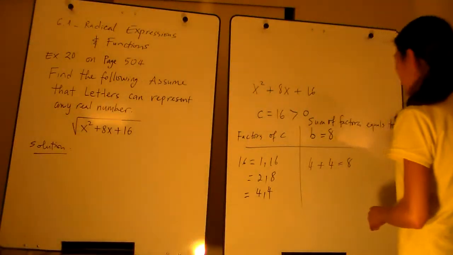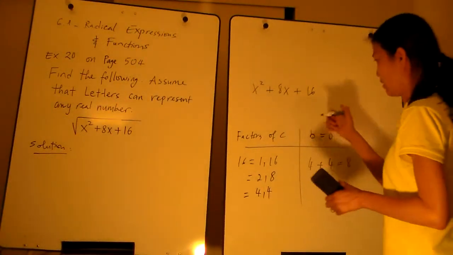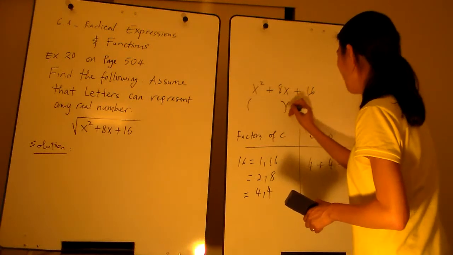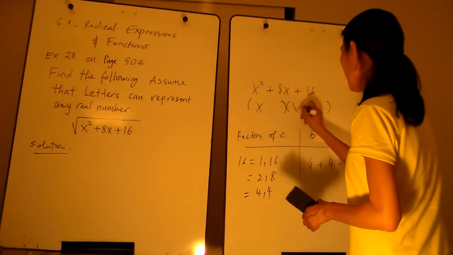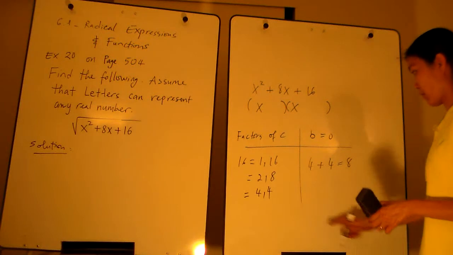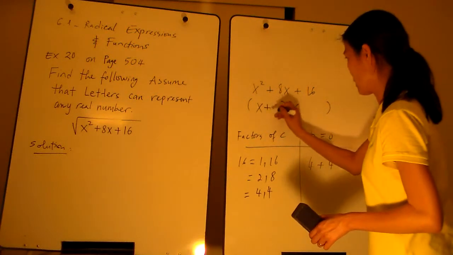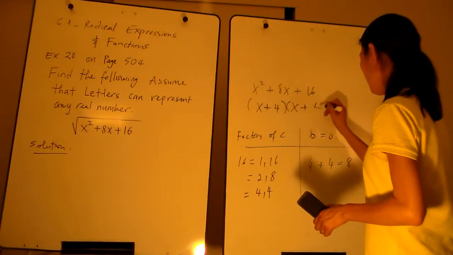Let me simplify this. You will factor this to x times x is x squared. These two factors go here, plus 4, plus 4.